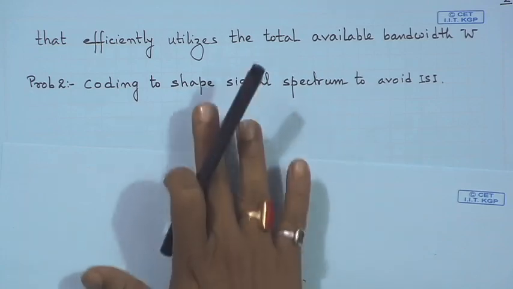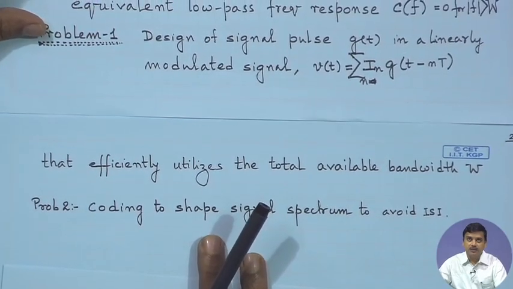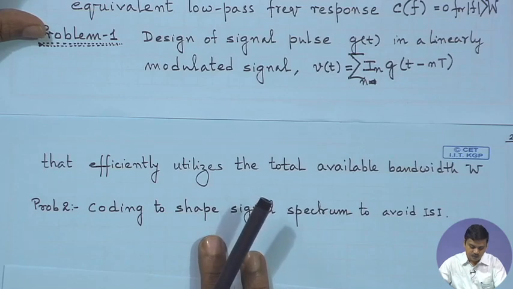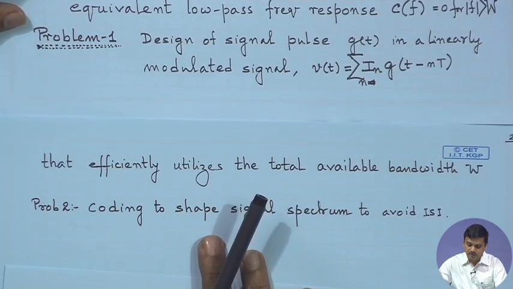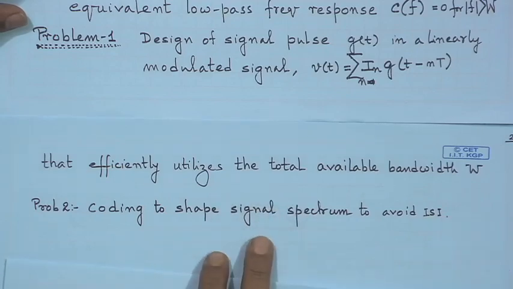We would like to find the pulse shape g of t that efficiently utilizes the bandwidth W. The second problem we will also look at is coding to shape the signal spectrum to avoid intersymbol interference. We have seen some of it when we studied the spectrum of digitally modulated signals, and we will see something more here. Here we are restricting the signal to W and we want to find g of t that would provide us efficient utilization of the bandwidth.